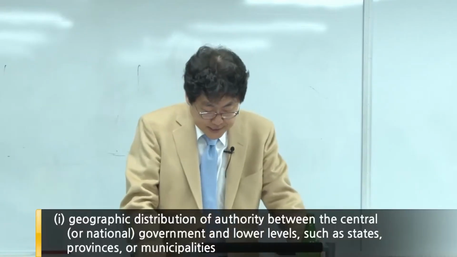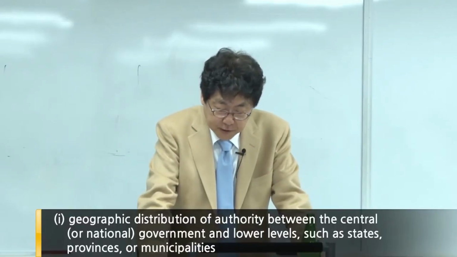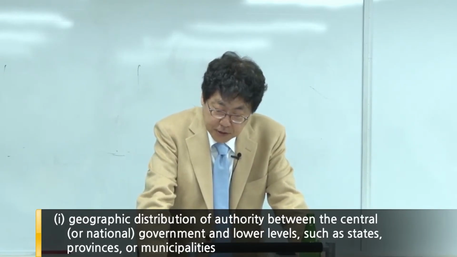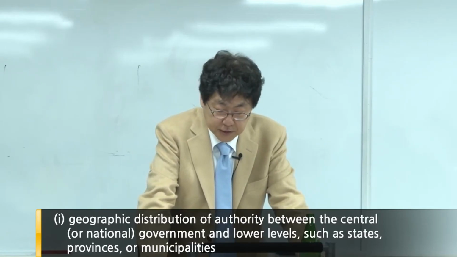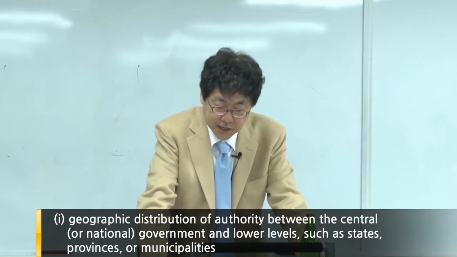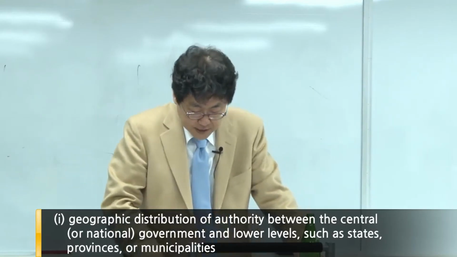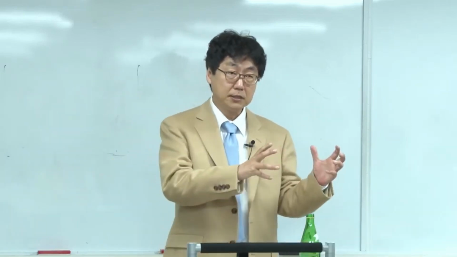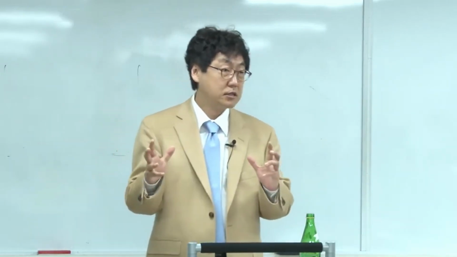The first is geographic distribution of authority between the central or national government and lower levels, such as states, provinces, or municipalities. That is, between the central government and local government, who has real power.